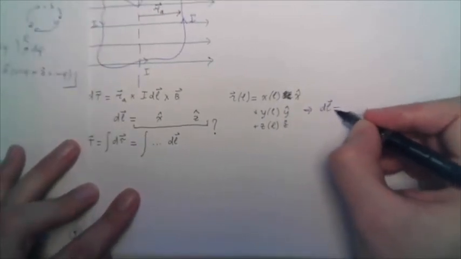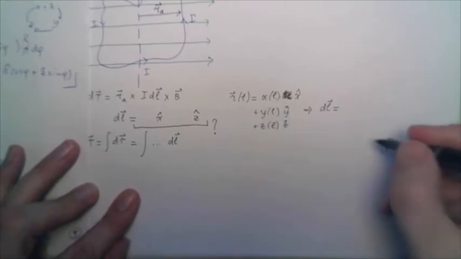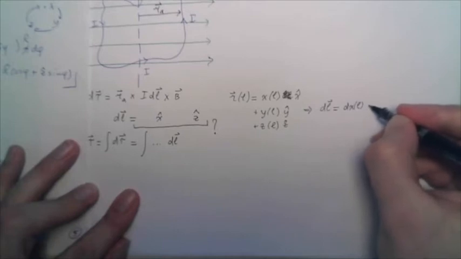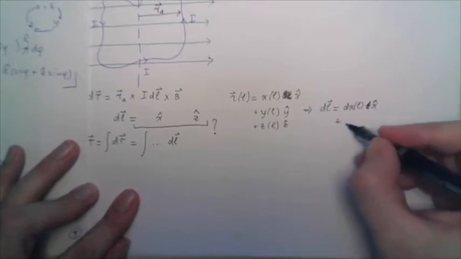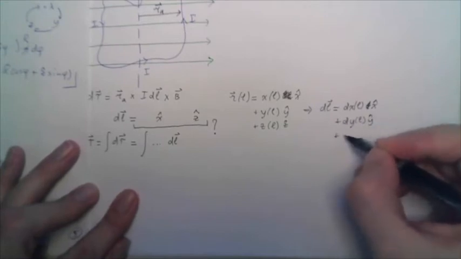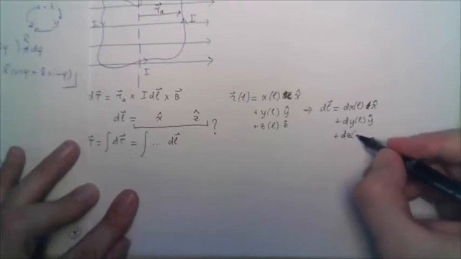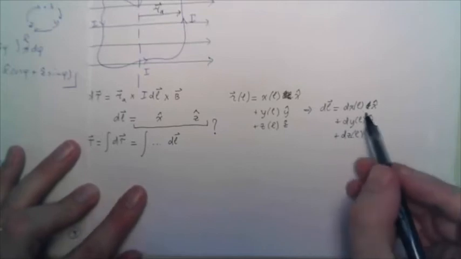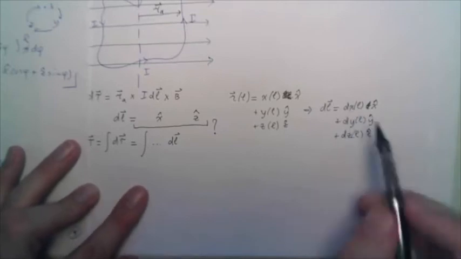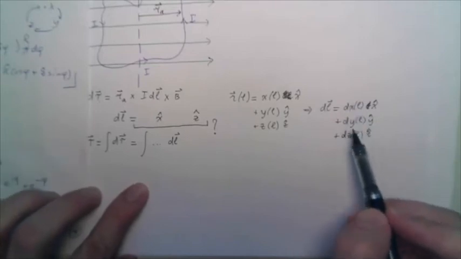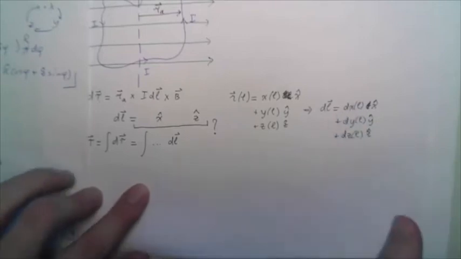dl vector becomes the differential form of this. So that's the dx, which is still a function of L, in the x hat direction, plus a dy in the y hat direction, plus a dz in the z hat direction. We didn't actually specify what these functions are, but we do know that we can take the derivative and multiply it by something, and then we can integrate it.